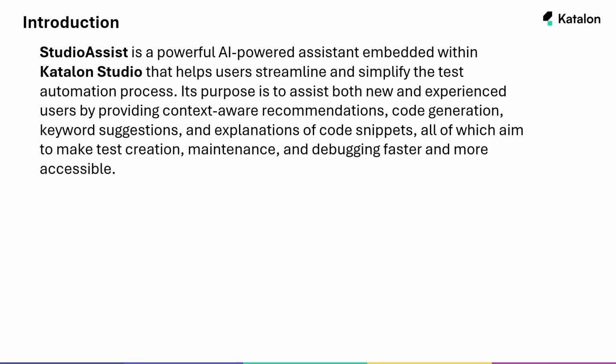The purpose is to assist both new and experienced users by providing context aware recommendations, code generation, keyword suggestions, and explanations of code snippets, all of which aim to make test creation, maintenance, and debugging faster and more accessible. What do you mean by this?